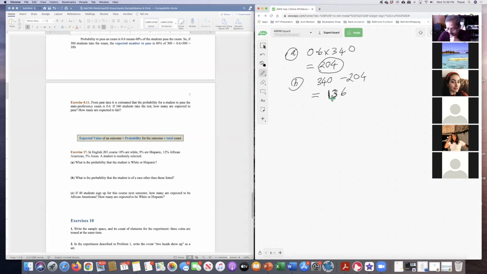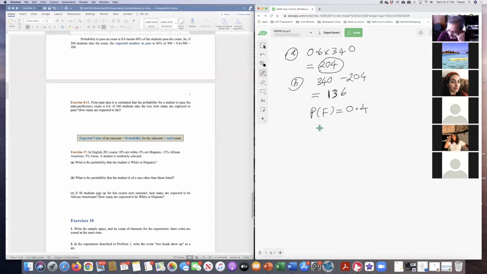Another way to answer is, if the probability to pass is 0.6, remember the probability for an event and the probability for the complementary event add up to 1. We saw that in one example, and those facts are coming up again. But the two probabilities have to add up to 1. Probability for passing and probability for failing are complementary. So the probability for failing is 0.4 because the probability for passing is 0.6.